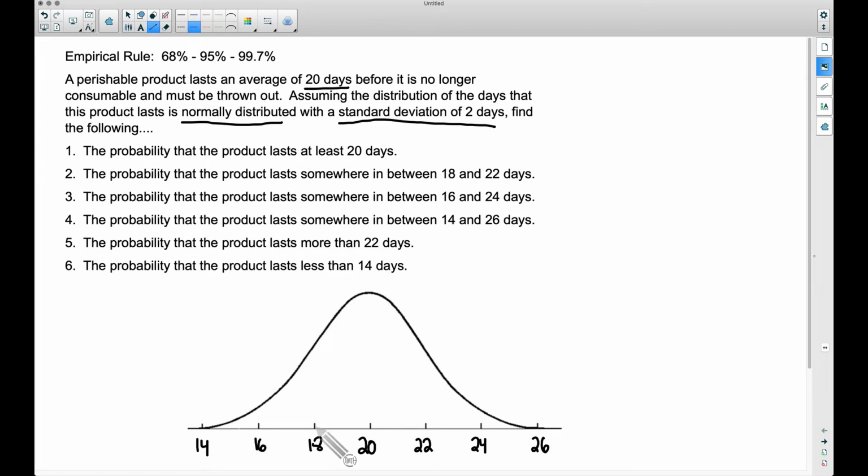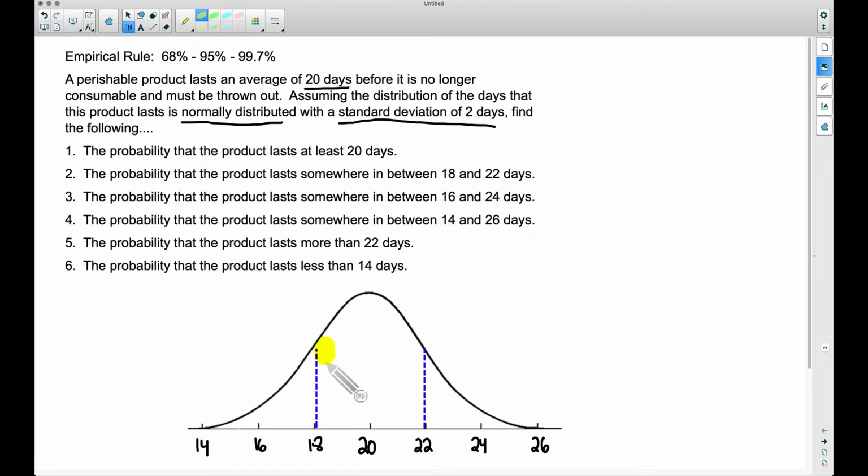Well, if I come to 18 and I come to 22, now 22 is 1 standard deviation above the mean. Remember, the standard deviation was 2, so 20 plus 2 gives us 22. That is 1 standard deviation above the mean. 18 is 1 standard deviation below the mean.